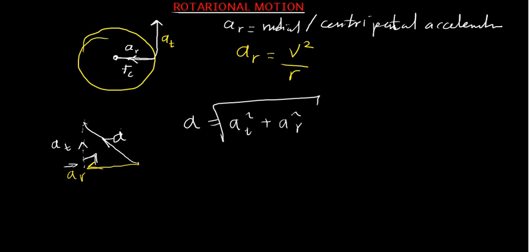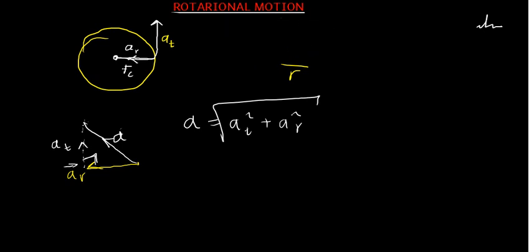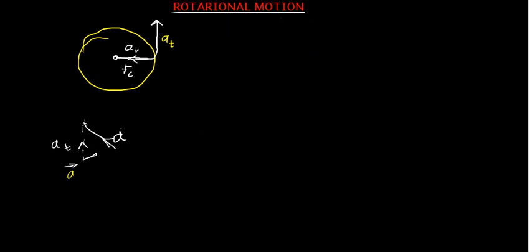Now another thing to understand when talking about circular motion is that we have linear quantities and also angular quantities. By angular quantities, we mean those in an angle, like those moving around a circle.